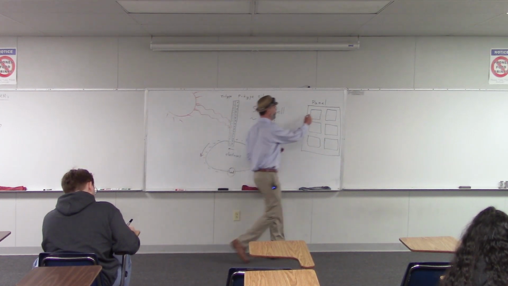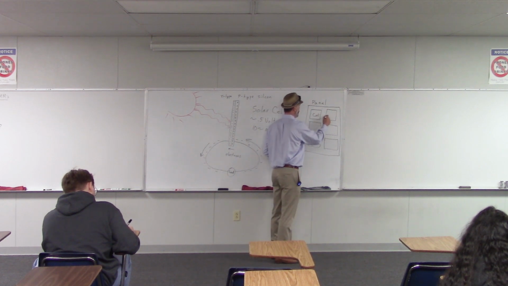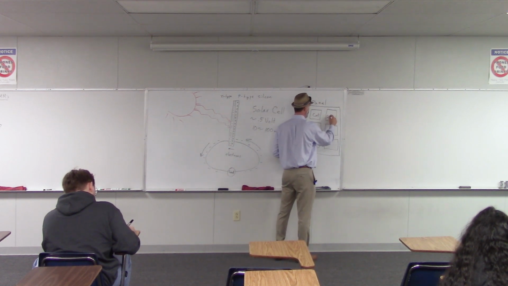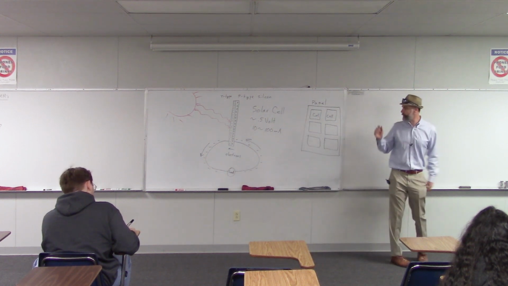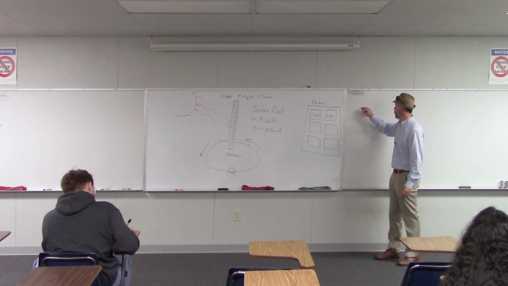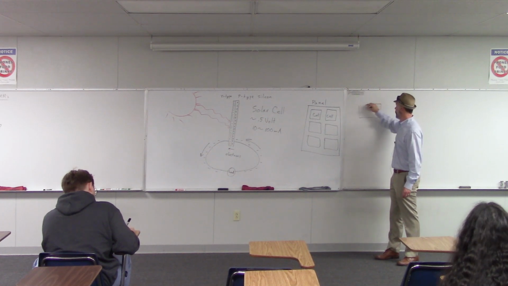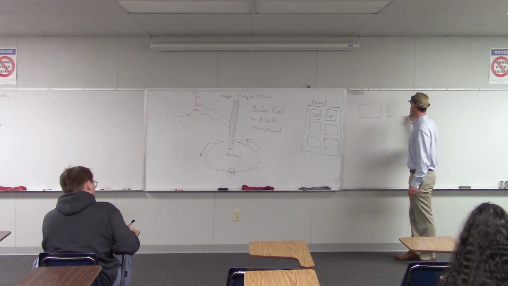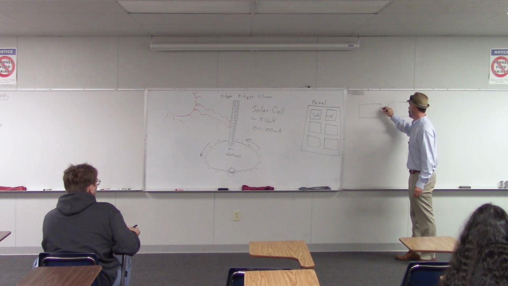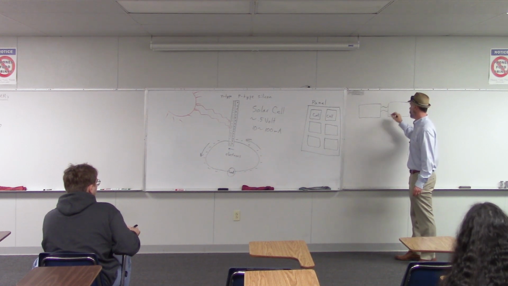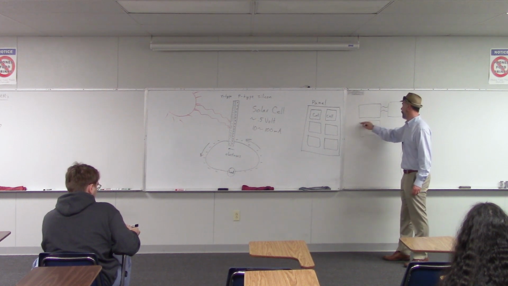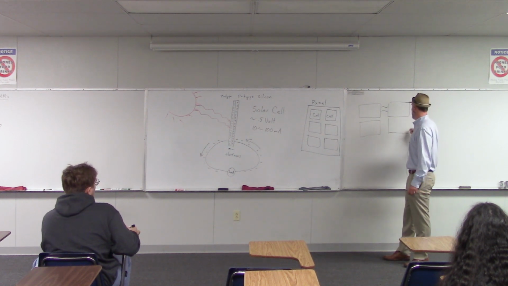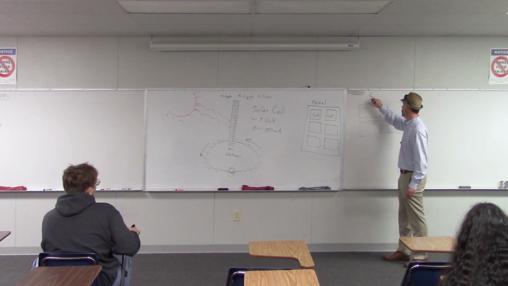So if you want to power larger things, then you have to put several panels together. So you might end up with dozens or hundreds of these panels connected together. And we call that a solar array.